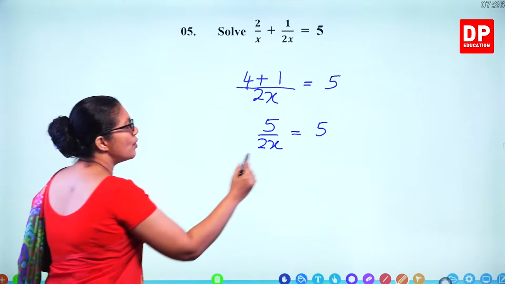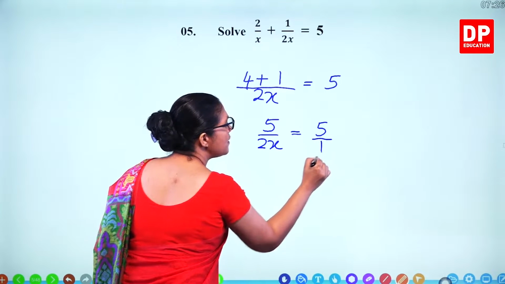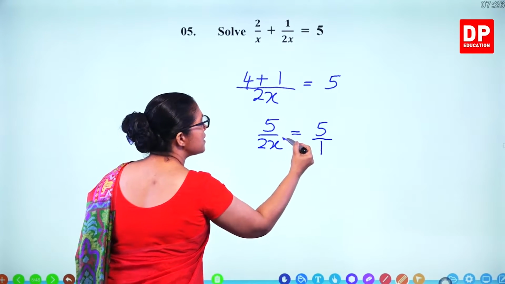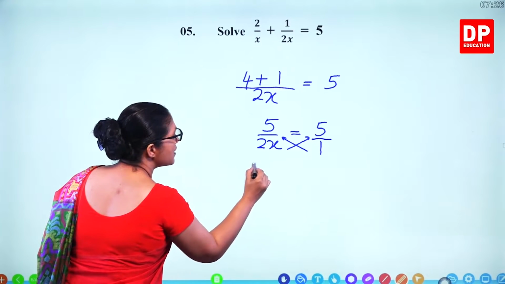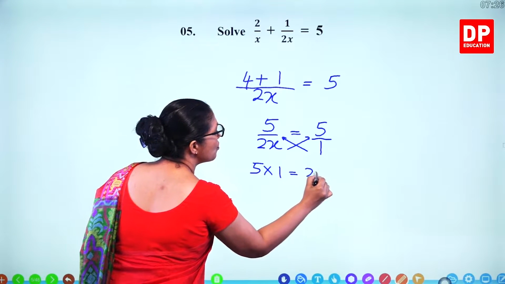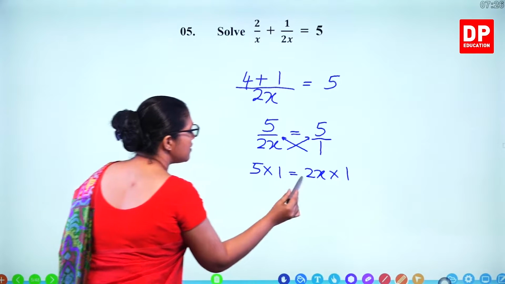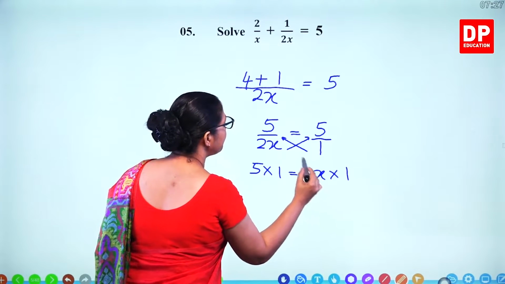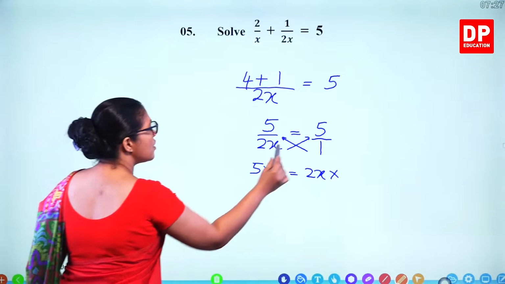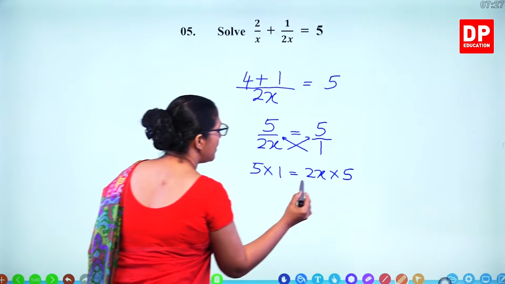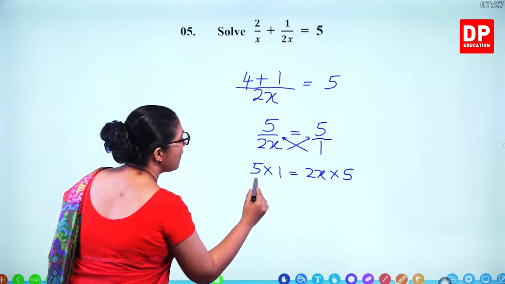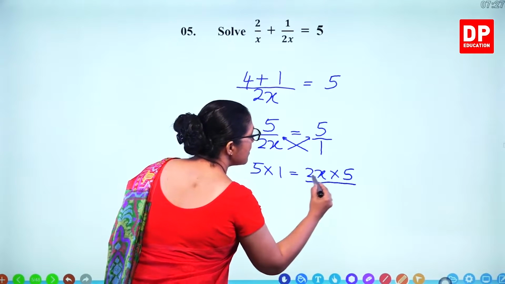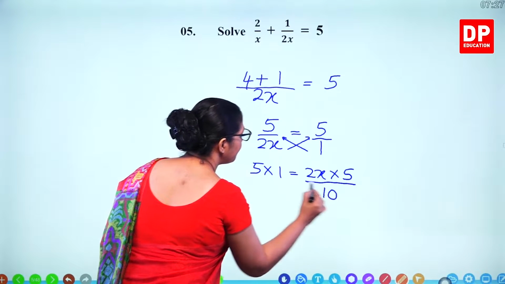Then what you do? You cross multiply. So assume this is 1. Now when you cross multiply, what happens? 5 times 1 is equal to 2x times 1. Divide both sides by, here not 1, 2x times 5. Now divide both sides by 10 because 2 and 5 there.